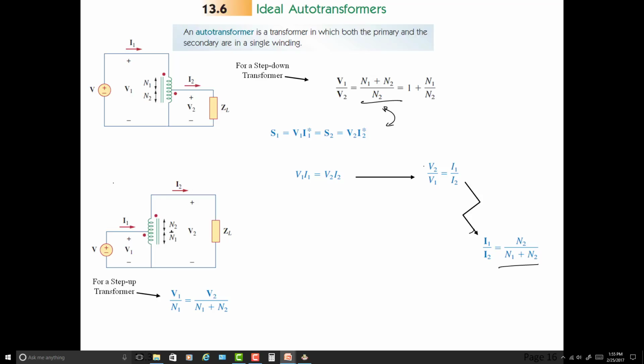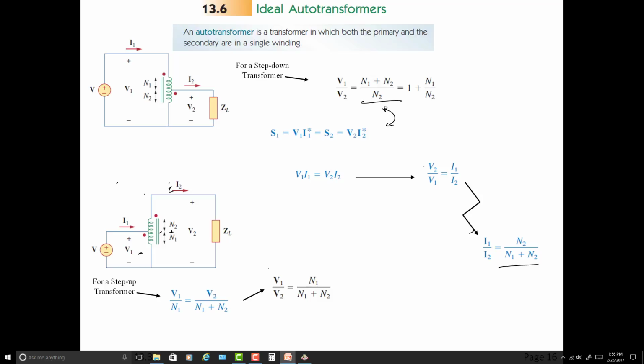A little bit of voltage on the primary is magnified on the secondary. So V1 is to N1 as V2 is to all the coils.